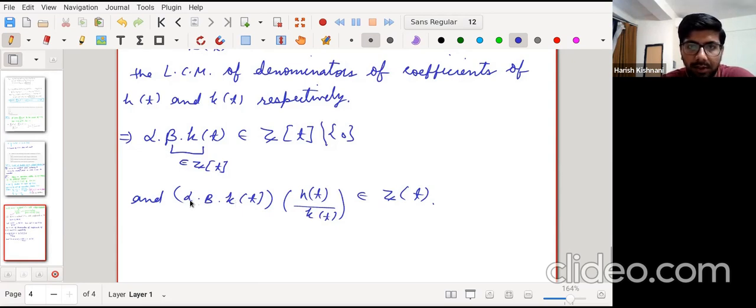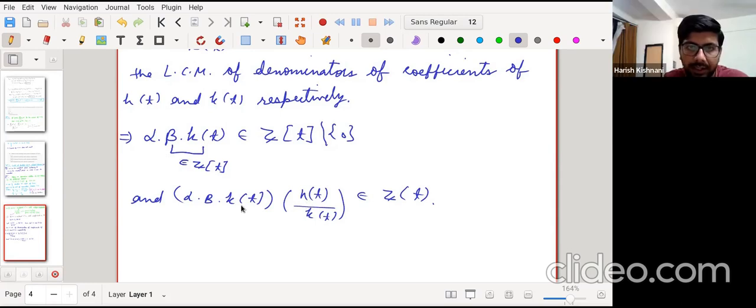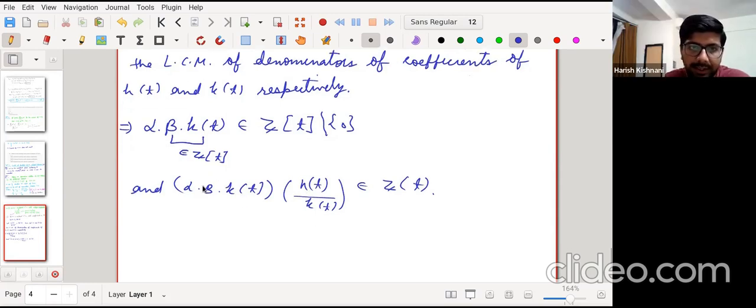Alpha is the LCM of denominators of h(t), so alpha when multiplied with h(t) will give you an element of Z[t], right? So this term is inside Z[t], and this was inside Q, but when these two are multiplied, it gives you an element of Z[t].